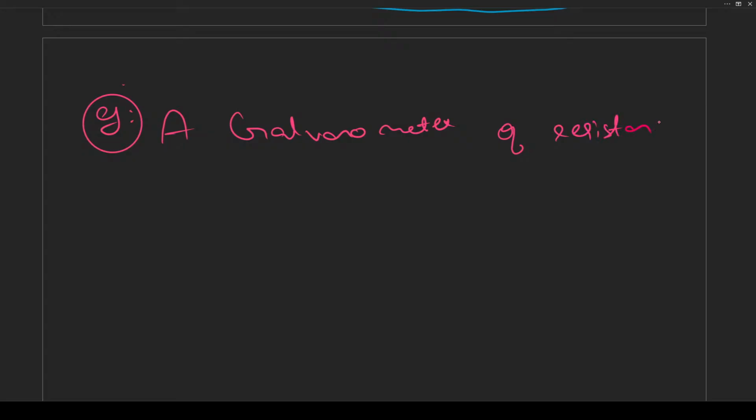Okay, let's go to the next question. A galvanometer of resistance 20 ohm is shunted by a 2 ohm resistor.